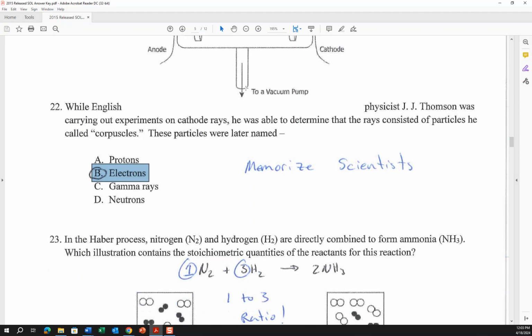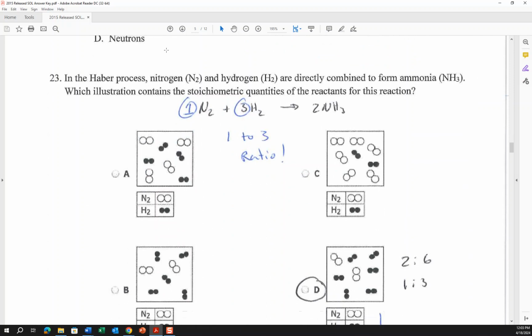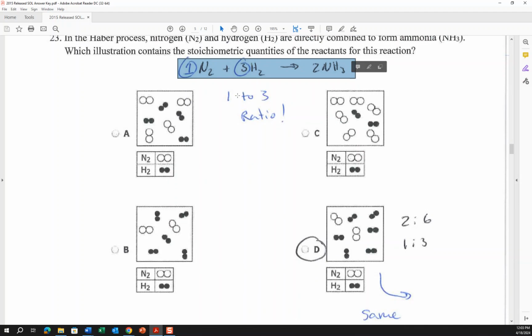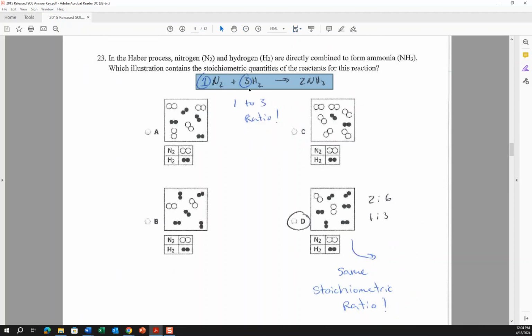Okay. All right. So the Haber process, it doesn't matter if you know what the Haber process is. All it is is the synthesis of ammonia from hydrogen and nitrogen. So this is the balanced equation. And this is kind of a lot going on here. You had to come up with this balanced equation, so that you know that hydrogen and nitrogen react in a 1:3 ratio.